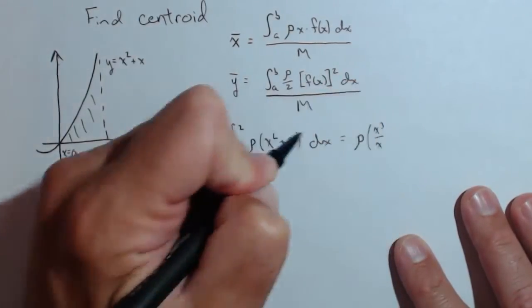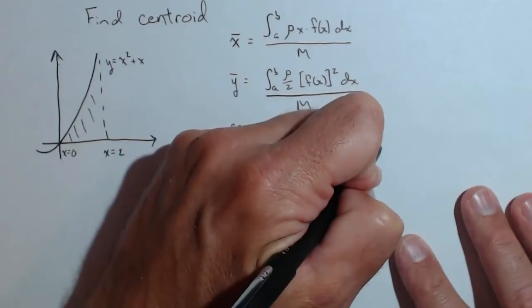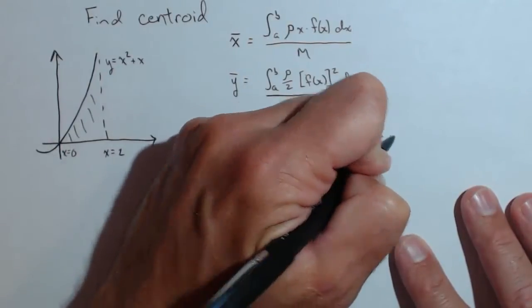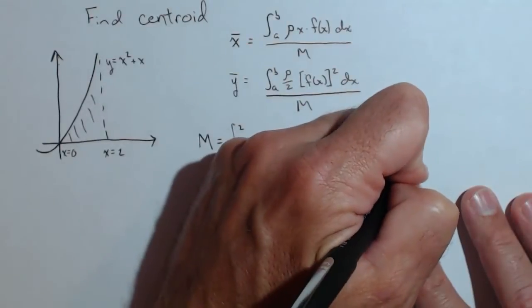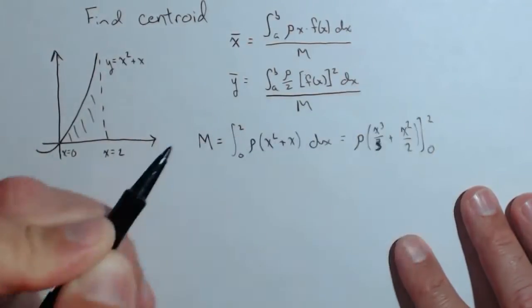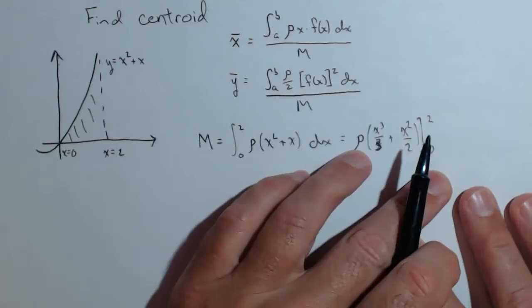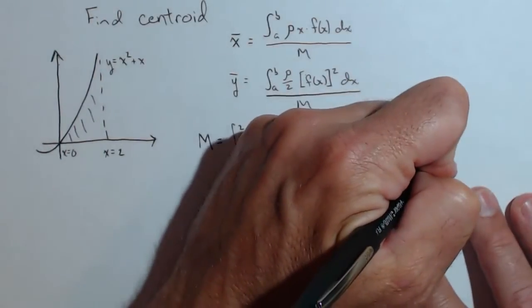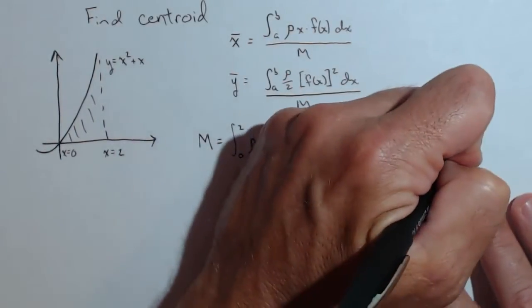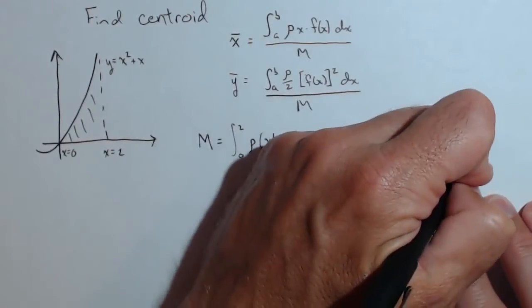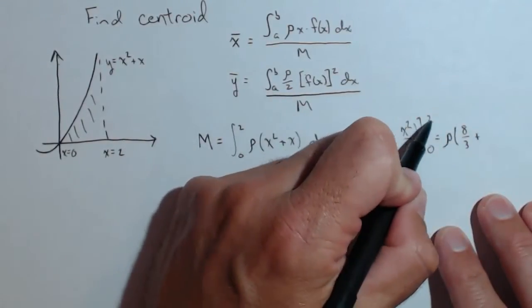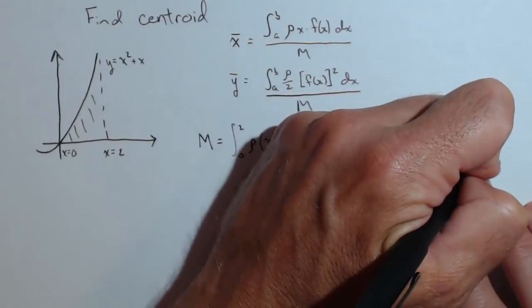x cubed over 3 plus x squared over 2 from 0 to 2. And we don't even have to worry about plugging 0 in. So we're going to have rho times 8/3 plus 2 squared is 4 over 2.